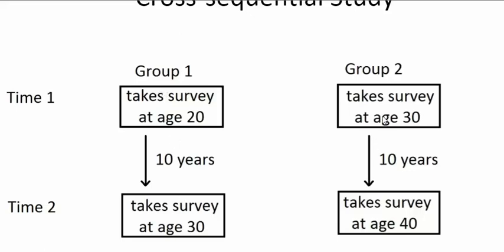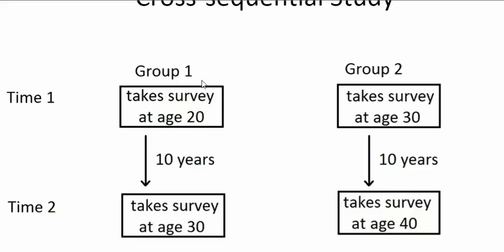So since separate groups are being followed across time, it is a cross-sequential study. A cross-sequential study is really a combination of a longitudinal study and a cross-sectional study. It's halfway longitudinal and halfway cross-sectional because groups are being followed across time, just like in a longitudinal study, and groups are being compared at a single point in time, which is cross-sectional.